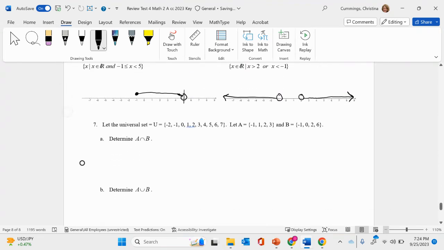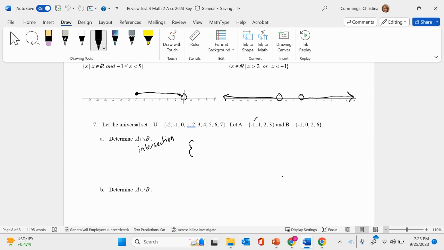Now, just a quick review of union and intersection. So the upside down bridge means intersection. So we need to find the shared elements of A and B for this. Don't worry about the universal set, we just never really went over that. So let's take a look at A. What do they have in common?